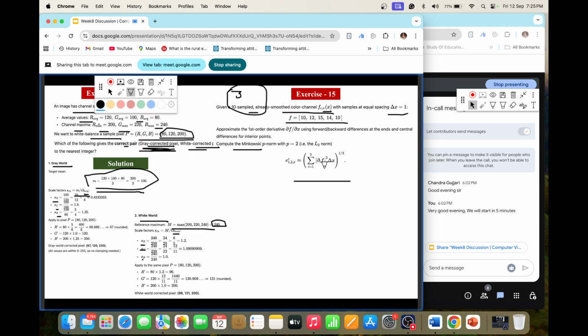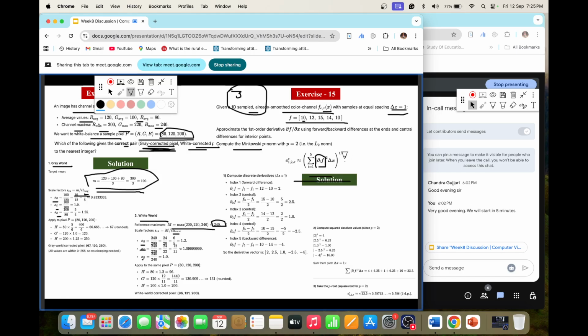How do you compute it? First you find the derivative for each of these f values, then delta x is already given, and then you just add them and apply this formula. The main thing is to calculate this derivative.